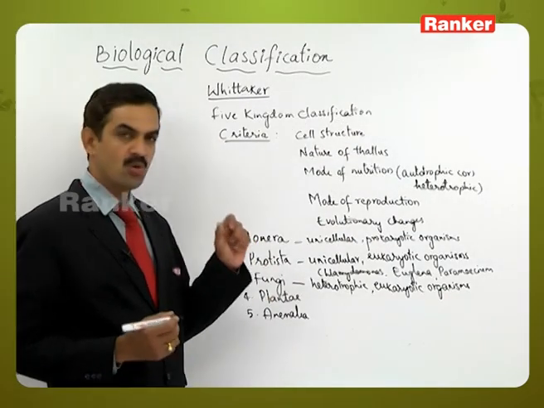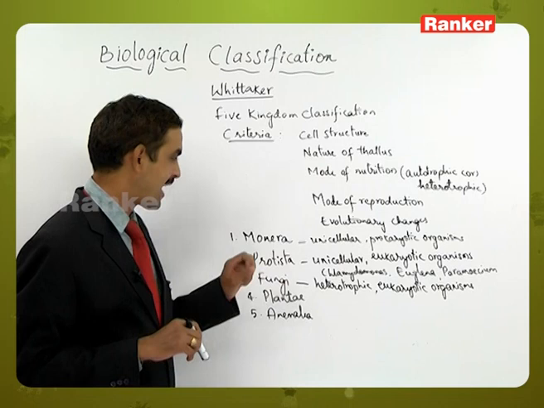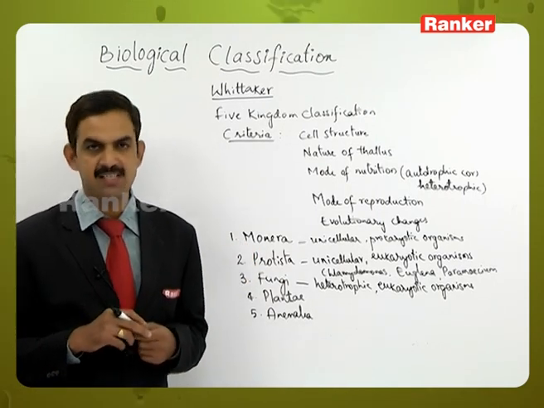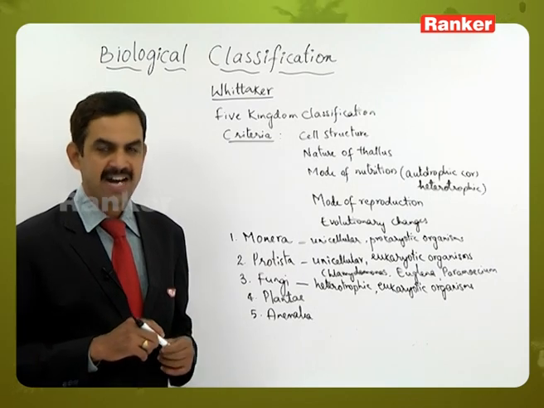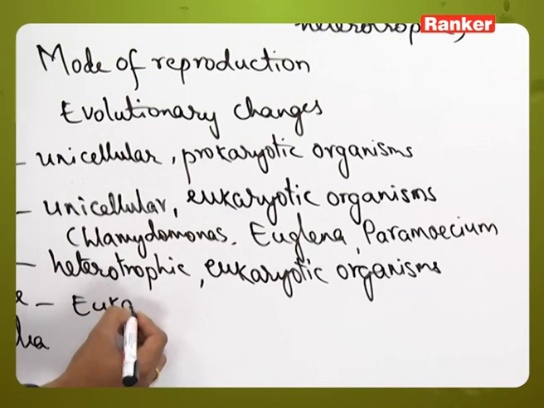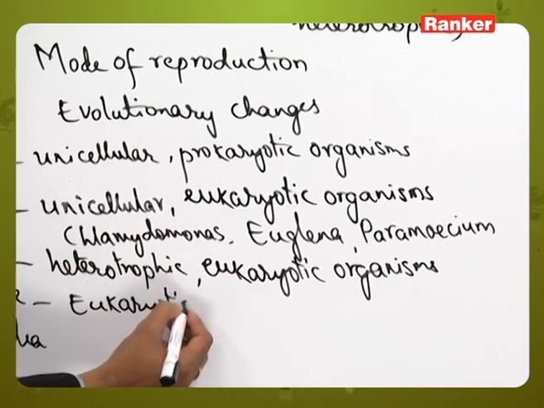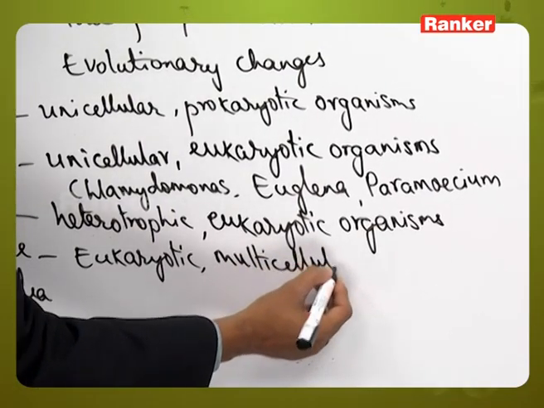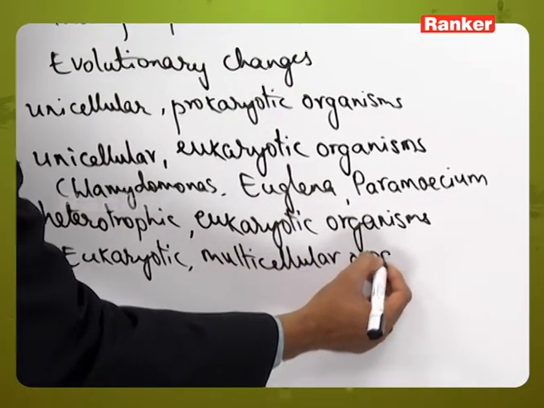Actually, Fungi includes only the plants, but the special character related to them is they have a cell wall which is non-cellulosic. That is, it is made up of a chemical called chitin. Whereas, of course, Plantae includes eukaryotic and multicellular organisms.